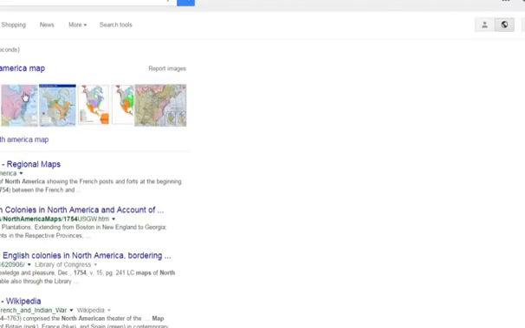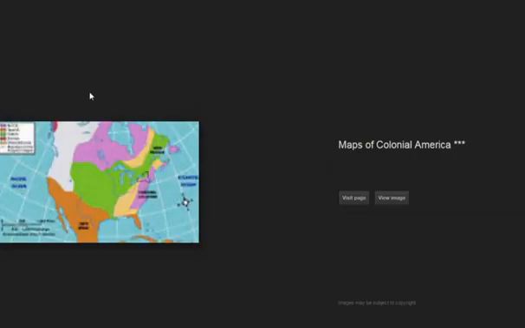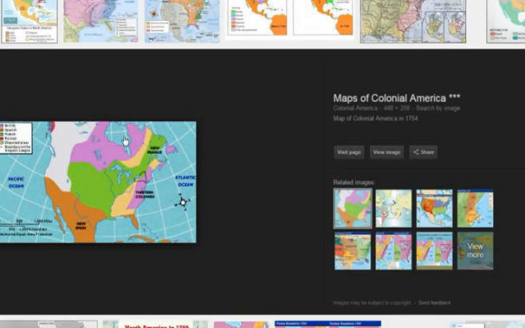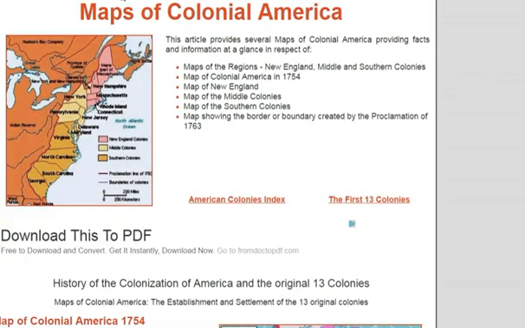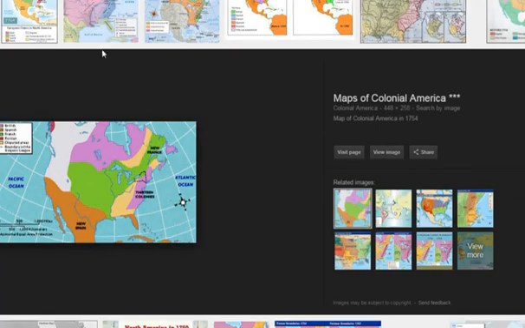Let's take a look at a map of North America in 1754, just so we can get a sense. This is kind of small, but you can see it. New France is the green area. That's what France controlled. Their colonies were headquartered in Quebec, up in Canada, and also in Montreal.